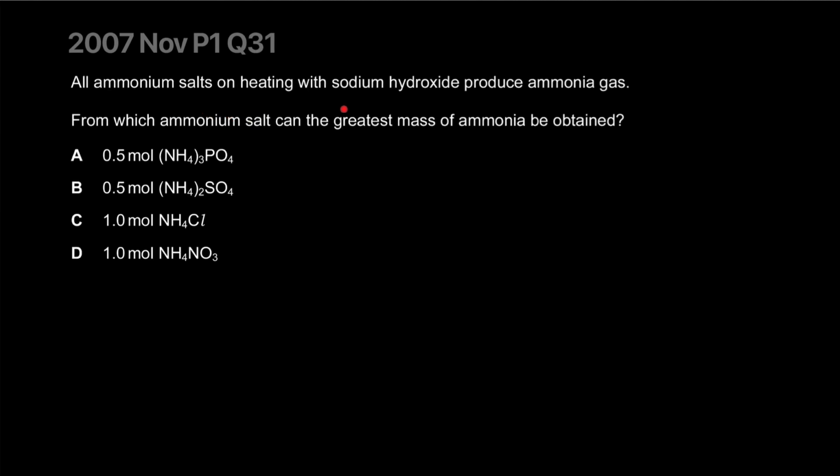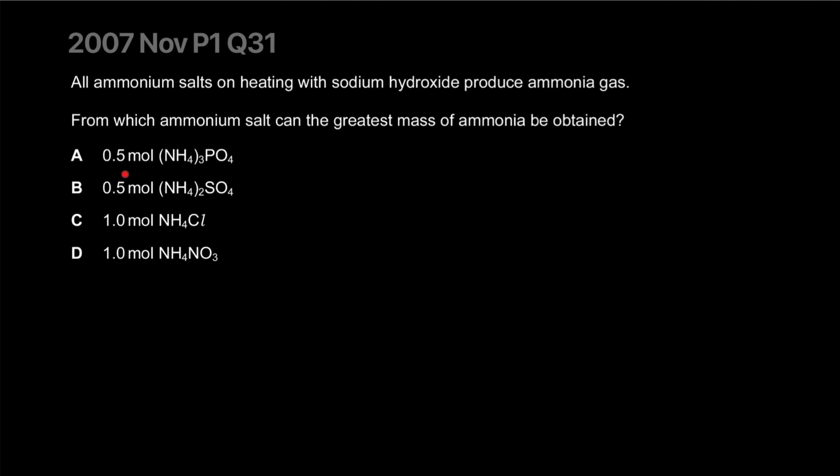All ammonium salts on heating with sodium hydroxide produce ammonia. From which ammonium salt can the greatest mass of ammonia be obtained? Greatest mass implies greatest ammonia. So can I be confident in saying that there are three ammonium ions and each ammonium ion produces ammonia?